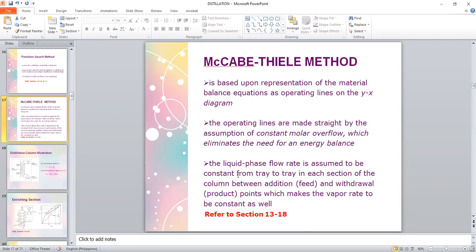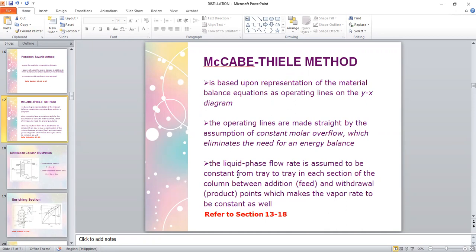There is always some change, some difference in the amount of the liquid phase that leaves a particular tray, and of course the same thing with the vapor phase, because of the transfer. But in the case of McCabe-Thiele, we assume that that's negligible and that we have constant molal overflow. In Ponchon-Savaret, we don't assume that.